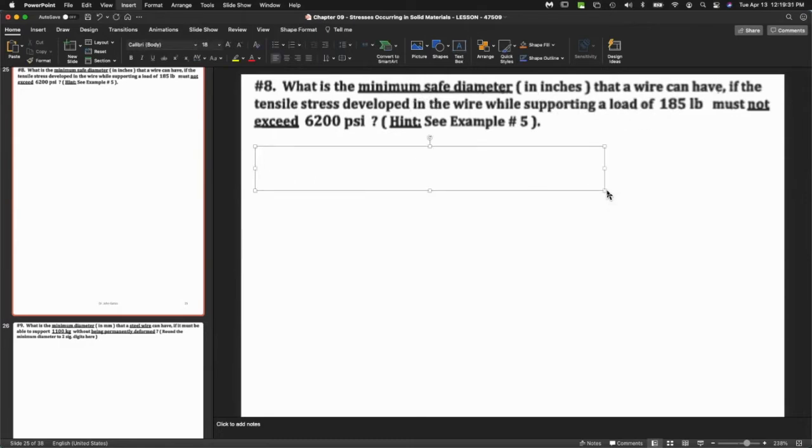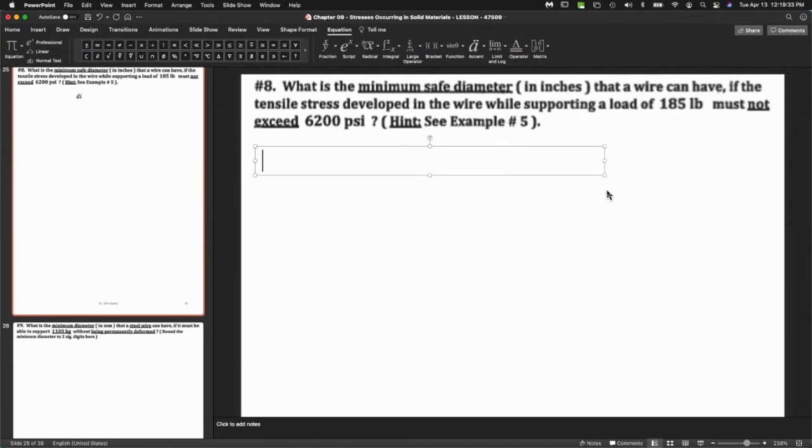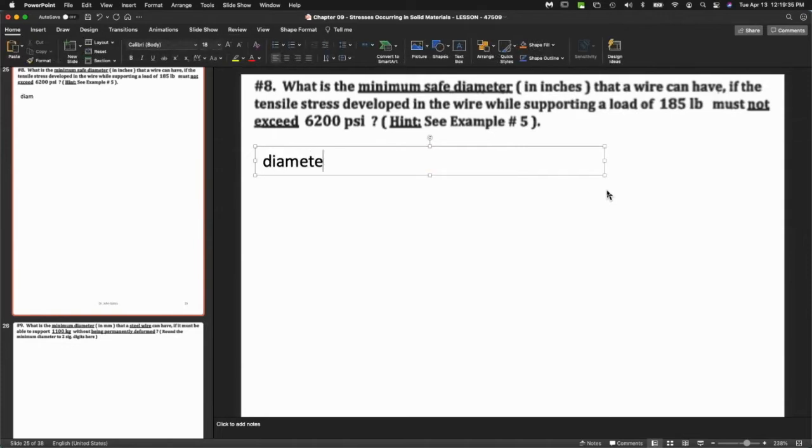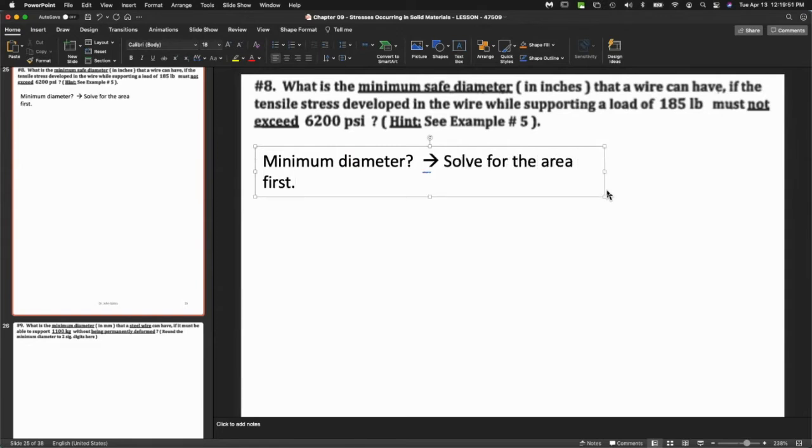When the question says minimum diameter, I'm going to write the word minimum here because that's actually important to the question. The clue for you is that you need to solve for the area first. That's the secret sauce. You have to find the area first.